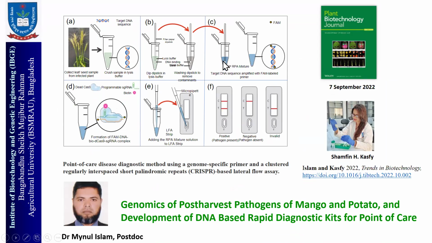RPA amplifies the DNA. Here there is a construct we built with biotin, programmable guide RNA, and dead Cas9, and then if you mix here, and put one drop here, then you can find two bands if there is a disease.